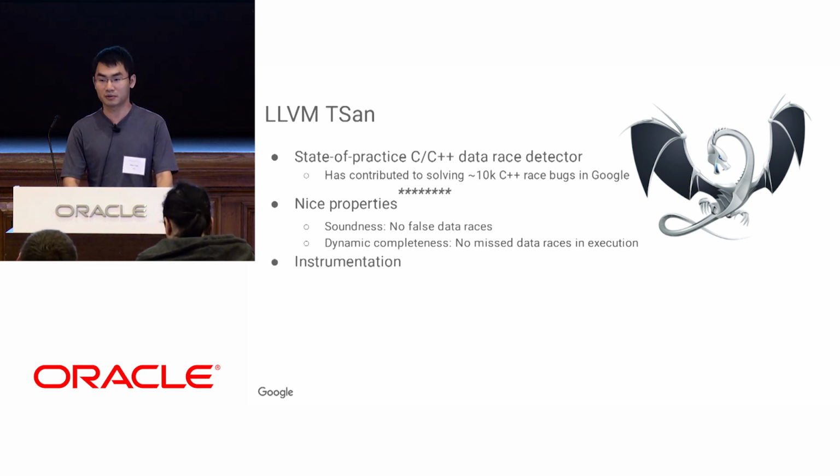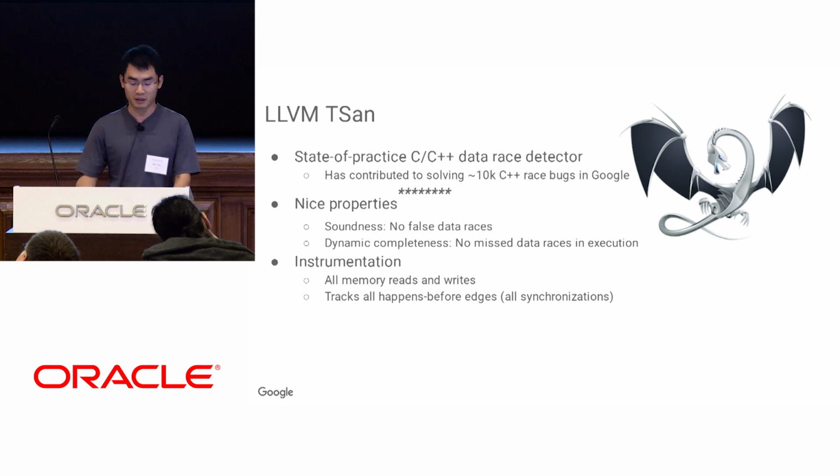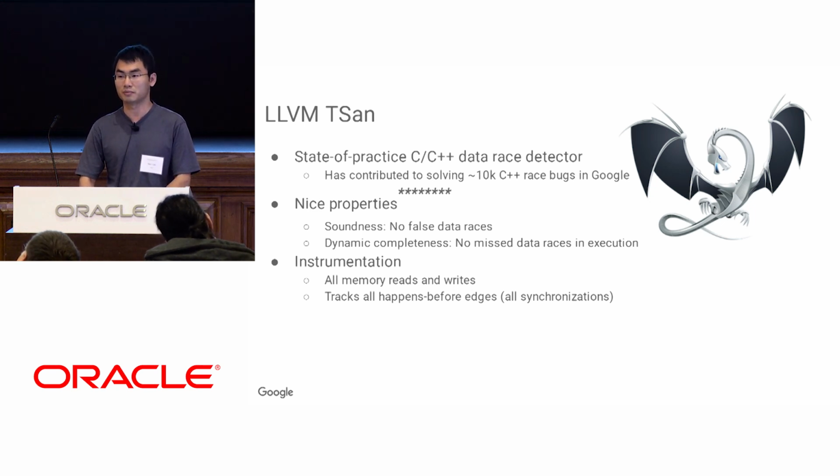In order to detect the races, the LLVM TSan runtime, which is embedded in both GCC and Clang, issues read and write instrumentations for all the memory accesses. It also needs to track all the happens-before edges, which means it needs to instrument all the synchronizations.